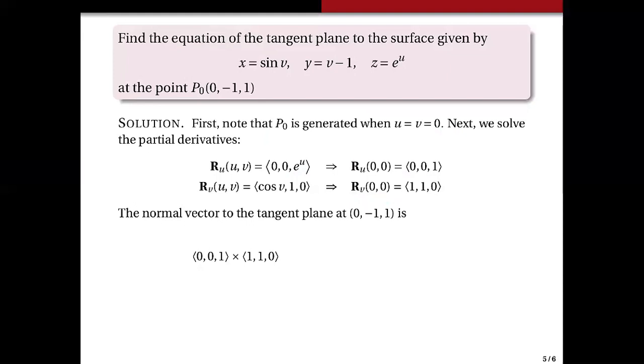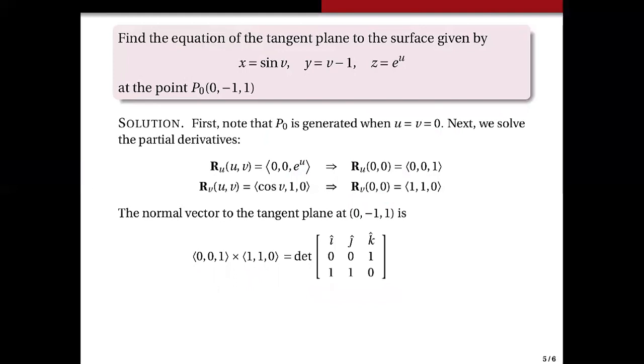So you have those two vectors parallel to the tangent plane. The cross product will give you a perpendicular vector, which will then serve as the normal vector. So we get the cross product, and we will end up with this.